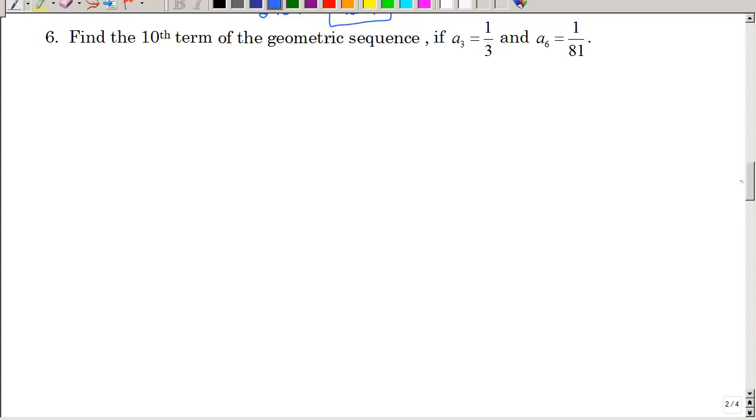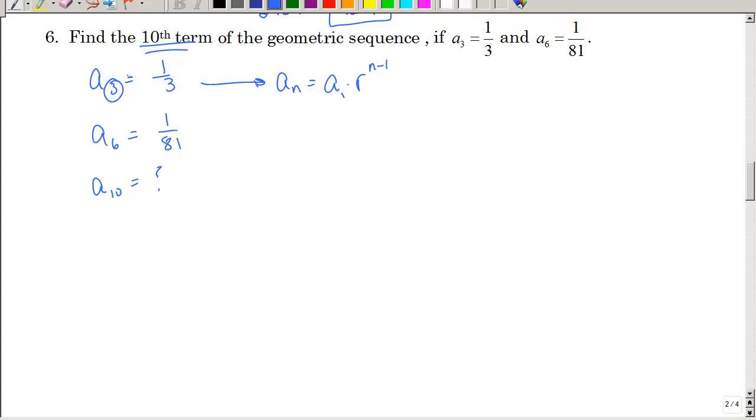Now we're going to find the 10th term. This is very much like an example we did on the arithmetic sequence where we had a system of equations. Same thing here. So our 3rd term is 1/3, and our 6th term is 1/81, and I need the 10th term. So we have this formula that we're going to apply.